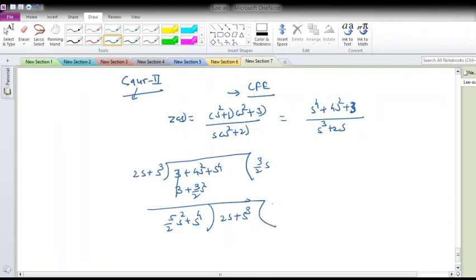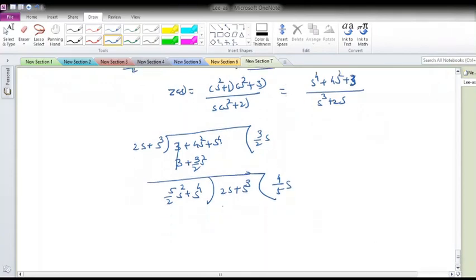Then you will get 4 upon 5s. So it will be 2s plus 4 upon 5 s cube. It is 1 by s, not as written here.